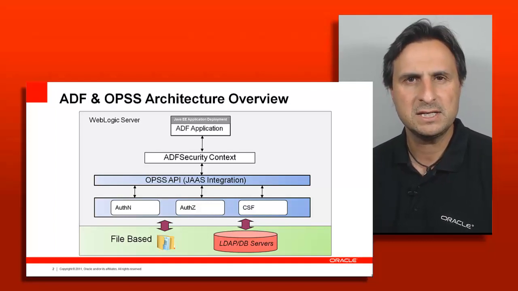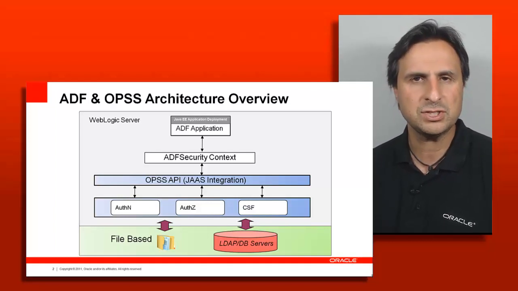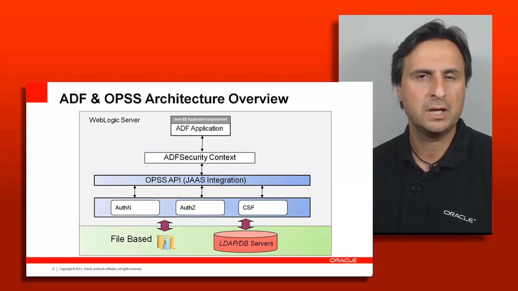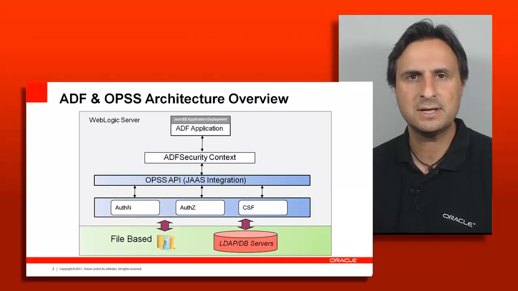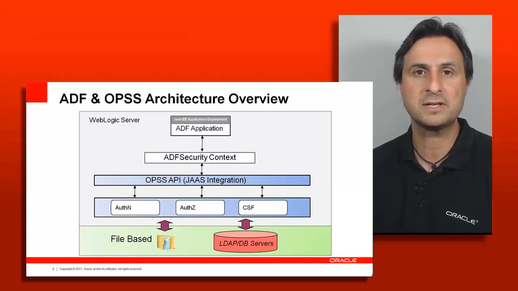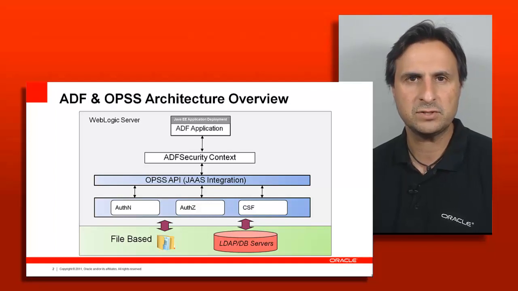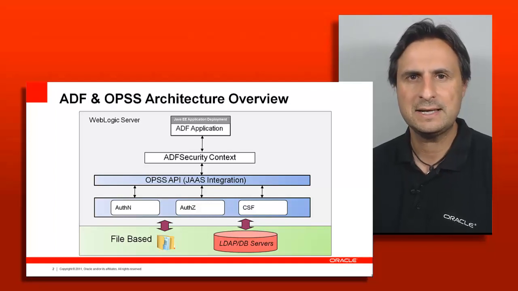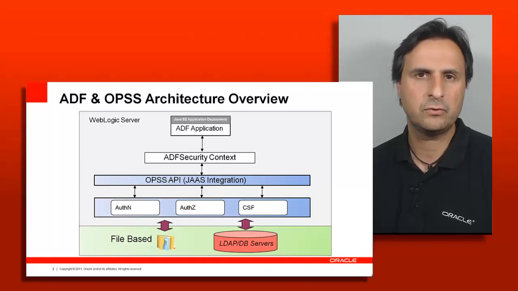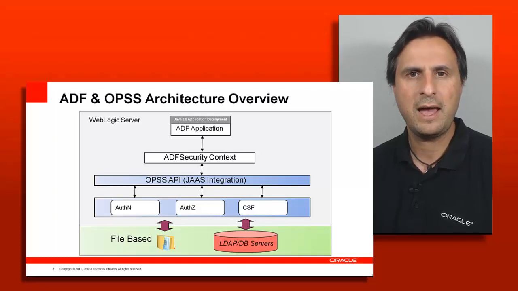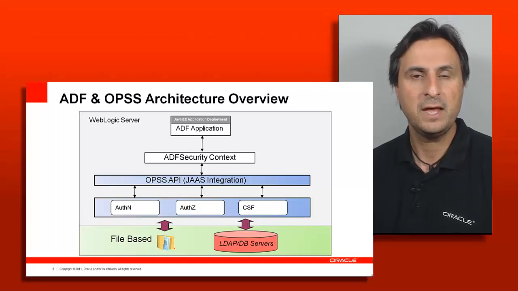Now OPSS sits as a security protection layer on WebLogic Server. And there it leverages the authentication services, the authorization services, and the credential provider services. OPSS is an API that ADF Security uses to check permissions for page flows and for pages.